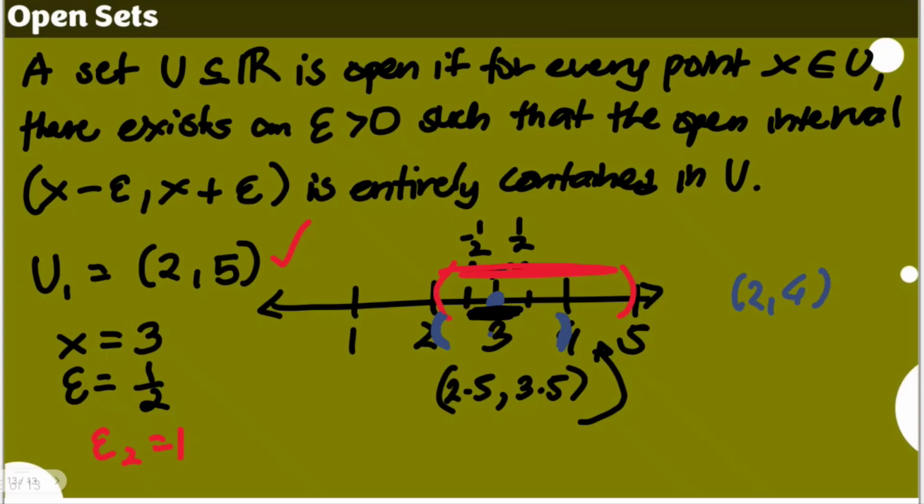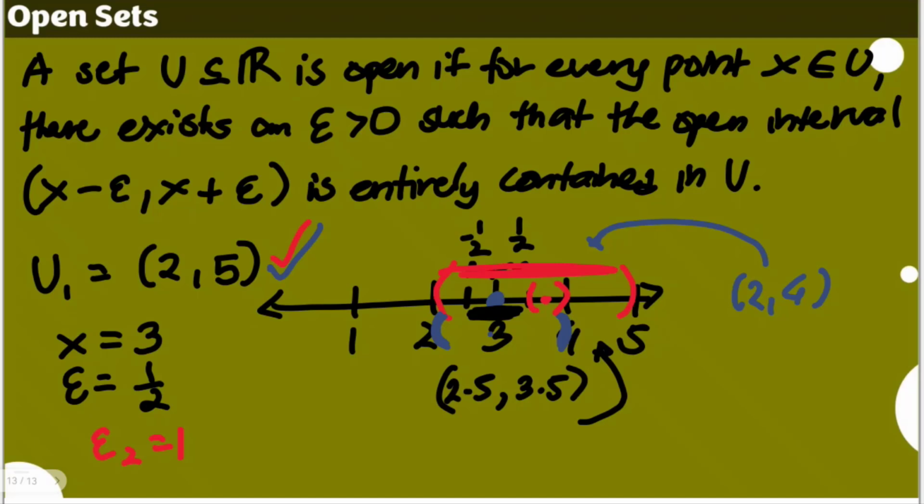This is still included in U. Therefore, this is still a verification that this is true. That is for every x. If we look at another x value here, and there exists an epsilon such that it will contain everything, that would mean our set U is an open set.